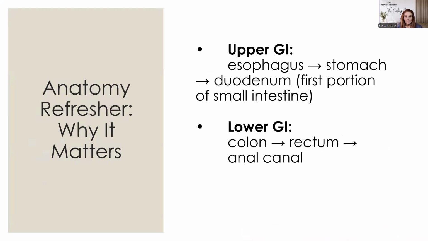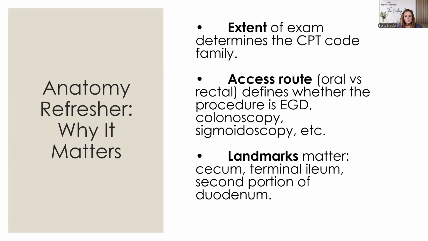The upper GI is from the esophagus to the stomach to the duodenum, which is the first portion of the small intestine. The lower GI is the colon to the rectum to the anal canal. A coder must visualize the anatomy to understand what the physician actually did.